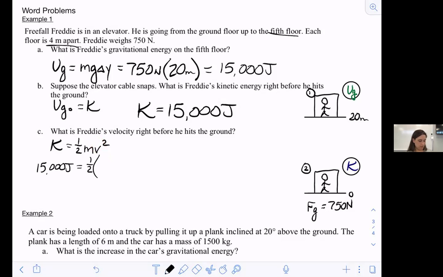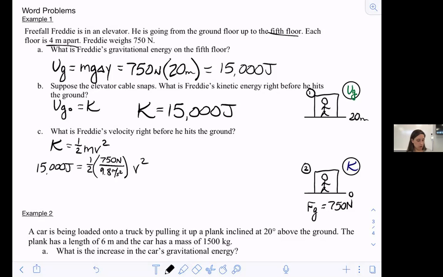Because if his FG is 750, I can take 750 and divide it by 9.8 meters per second squared, right? Because FG equals mg. So I'm taking the FG, I'm dividing it by g in order to get the m. And so that should leave only his velocity as my unknown. And so now I can punch this into my calculator and solve.